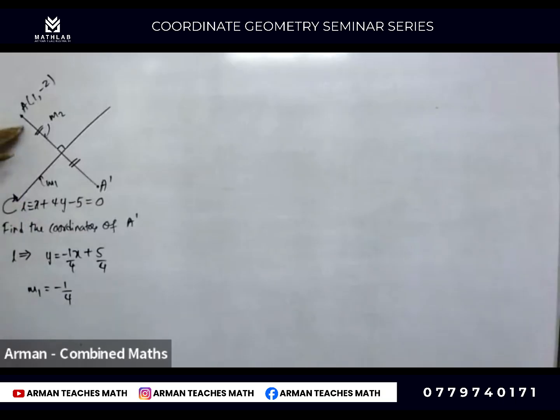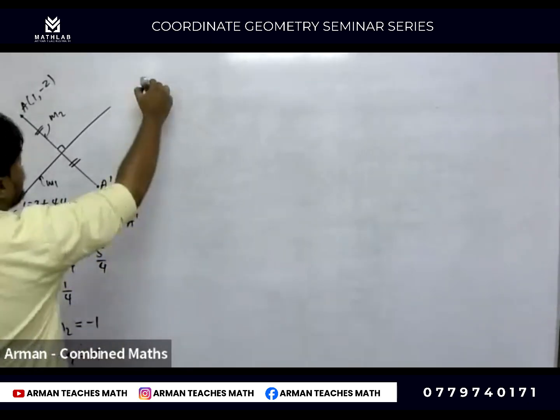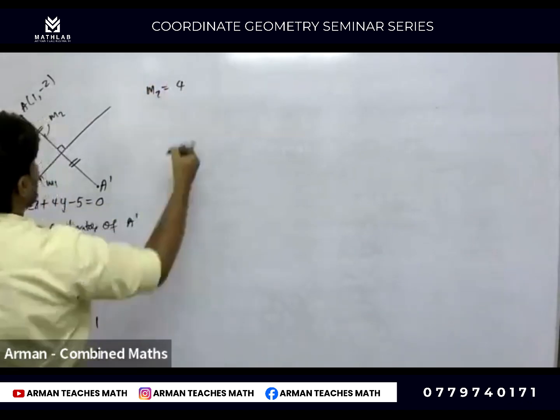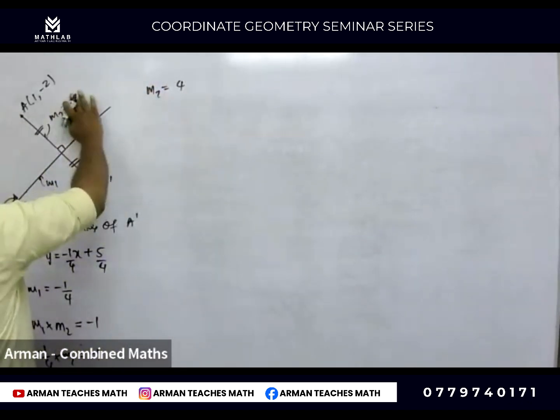Since L and A dash straight line segments are perpendicular, the product of the gradients of two perpendicular straight line segments is equal to minus 1. So M1 multiplied by M2 should be minus 1. M1 is minus 1 over 4 times M2 equals minus 1. From this we get M2 equals plus 4. So the gradient of this one is equal to 4.